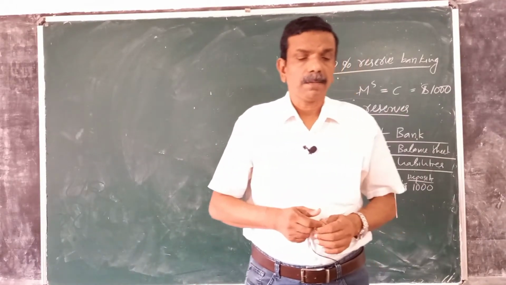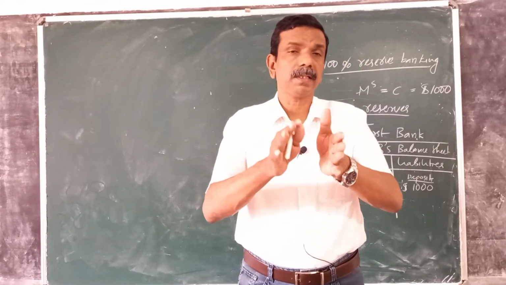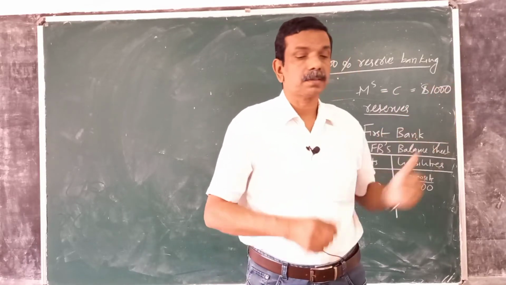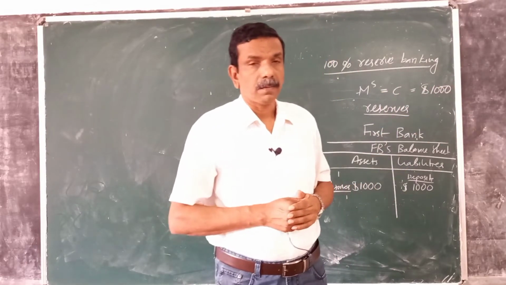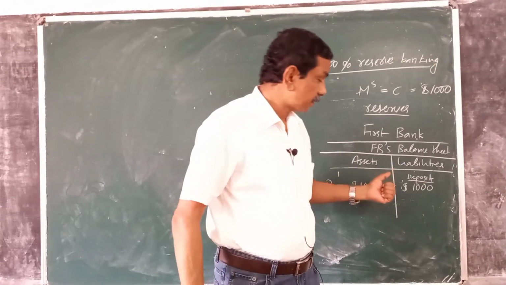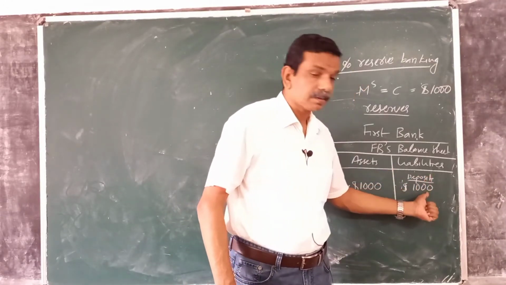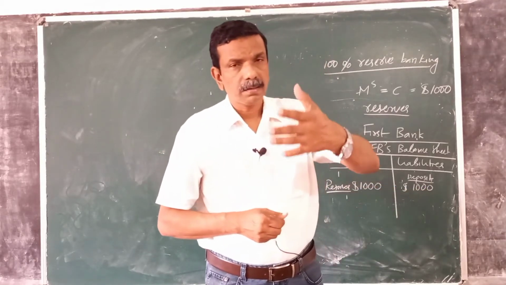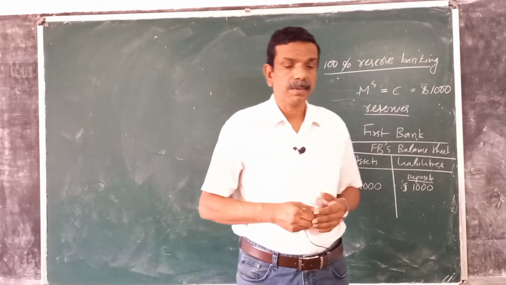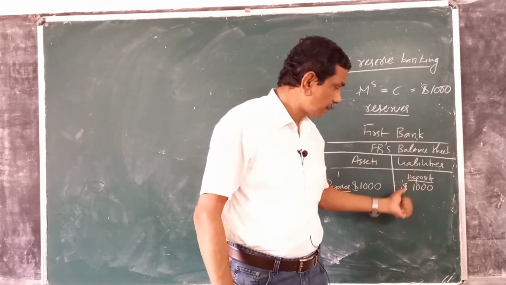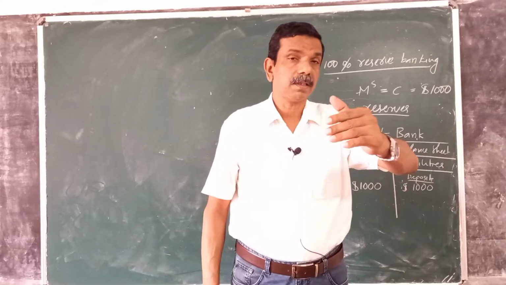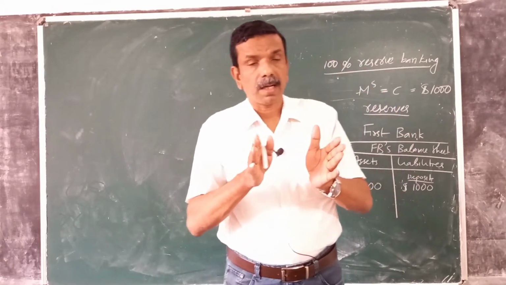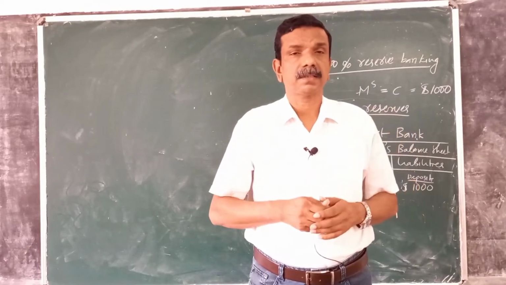In this economy, before the creation of the first bank, money supply was $1,000. Now, after the creation of the first bank, again money supply is $1,000. That means if banks keep 100% of the deposits as reserves, then the banking system will not affect money supply.